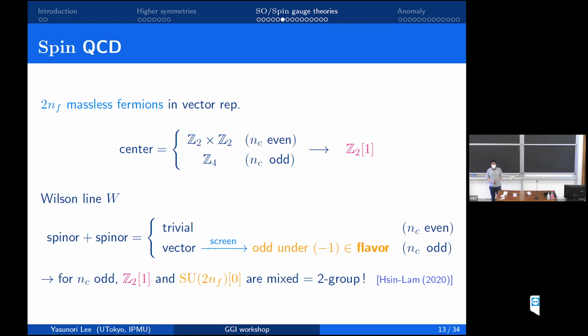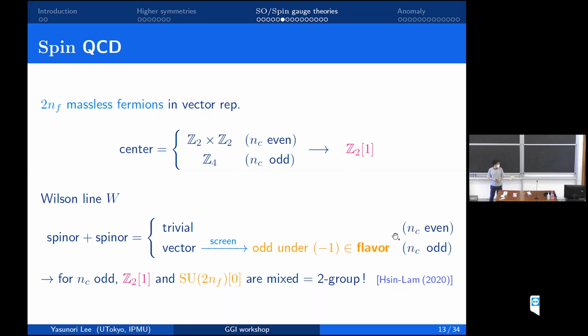So this means that the remaining Wilson lines are those in spinor representation. And if you don't care about the flavor symmetry at all, fusing two spinor Wilson lines gives you either a trivial Wilson line or a vector Wilson line, depending on the parity of NC, where the latter is screened by dynamical quarks.